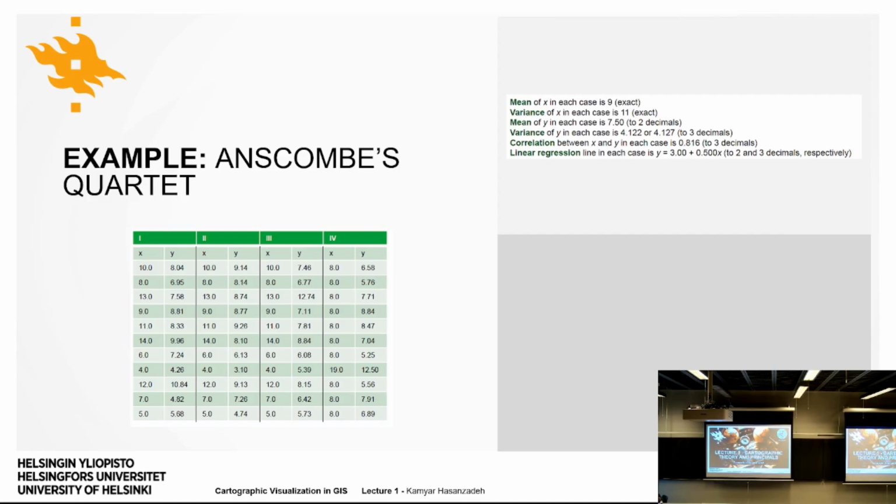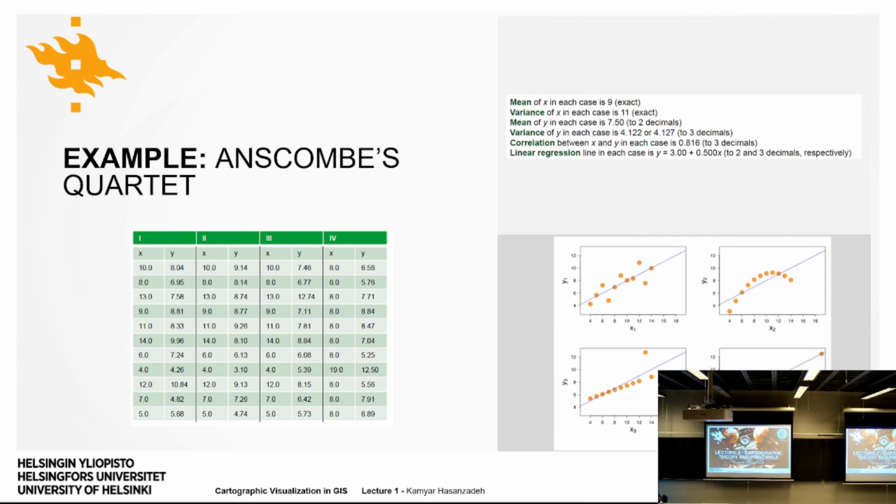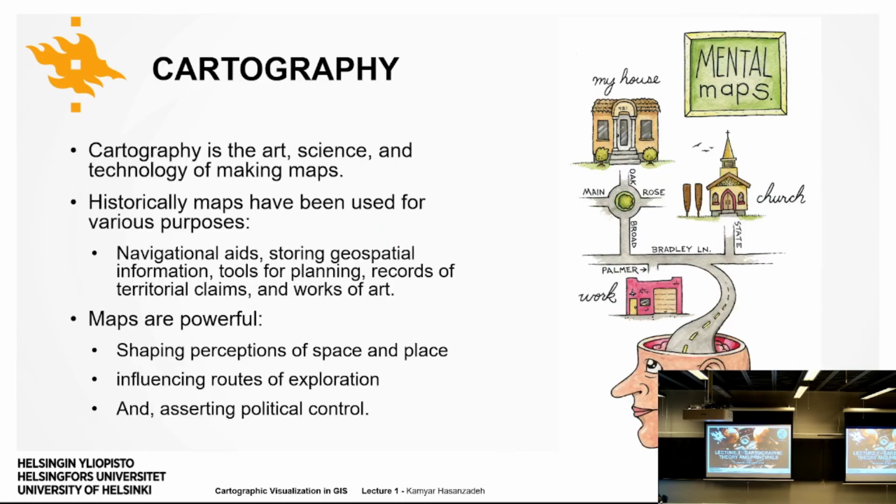And if you just do something quantitatively on a simple level, you might think that, okay, these data sets are very similar. But when you actually visualize them, you can see these are nothing alike. They are very different patterns. So that's a good example showing that numbers cannot tell you the whole story sometimes. Visualization can complement your understanding of your data.